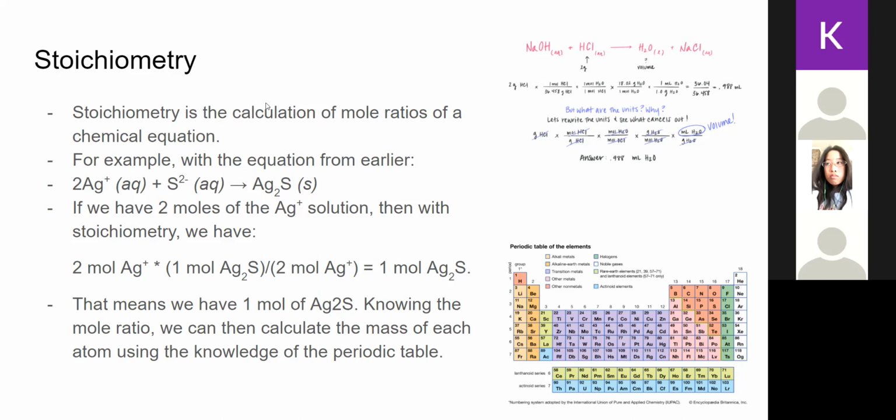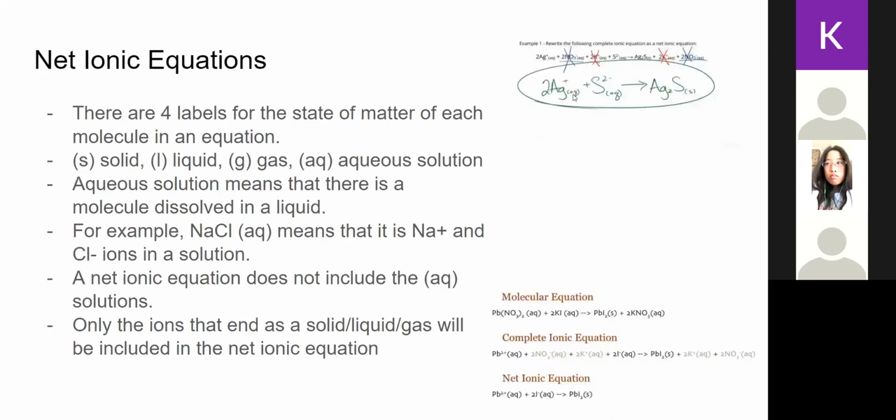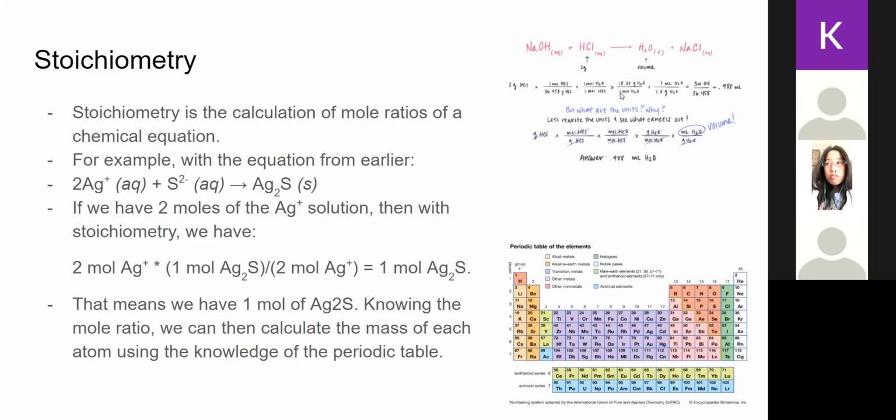This is very important for stoichiometry because you're looking at the mole ratios, or the coefficients in front of each of these molecules. So for example, we look at the equation from earlier, this one up at the top: 2 Ag+ aqueous plus S2- aqueous yield Ag2S solid. In this situation, unlike the example in the top right corner, we have a coefficient of 2 in front of the Ag+.